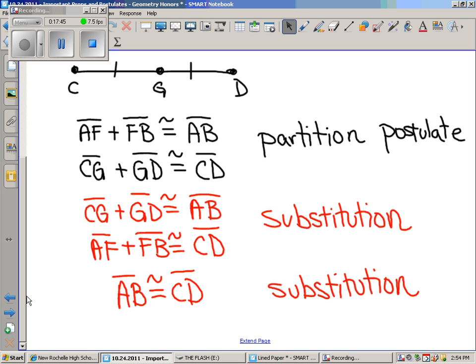If that's true, all I did, Lisbeth, is take this quantity right here and sub it out for this.